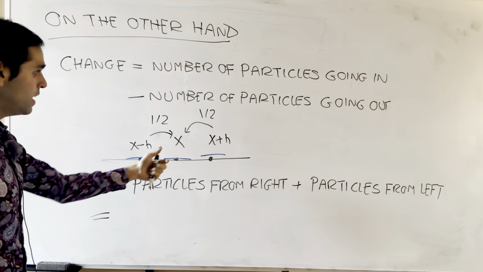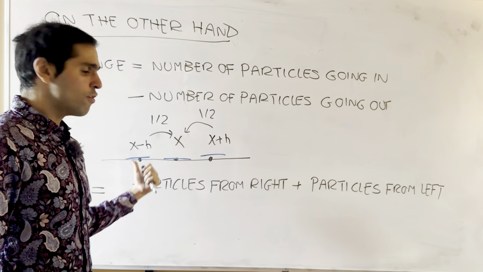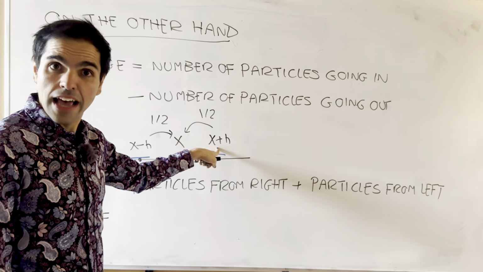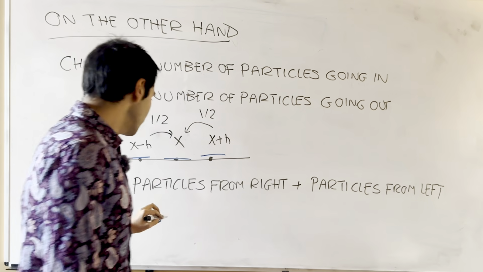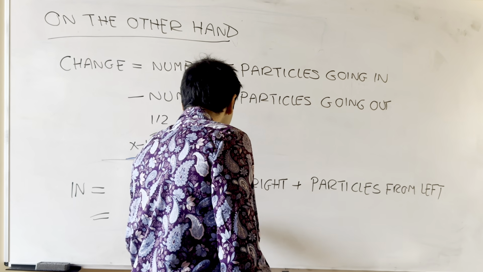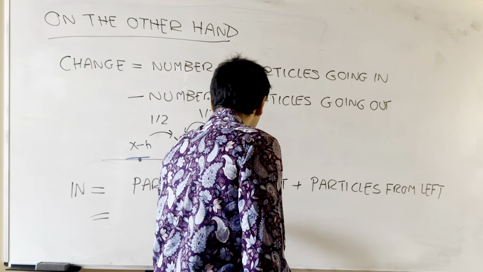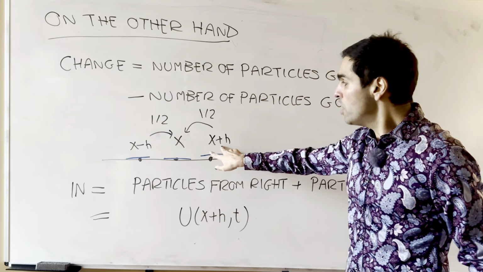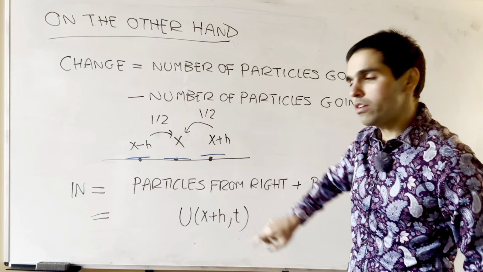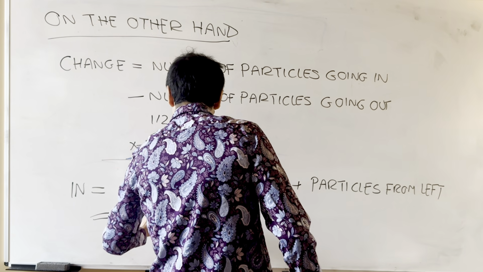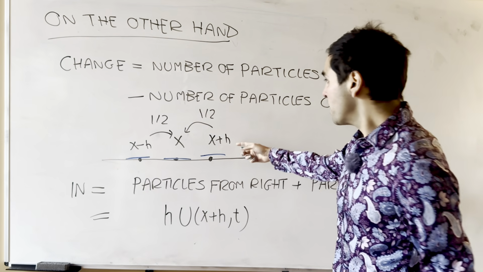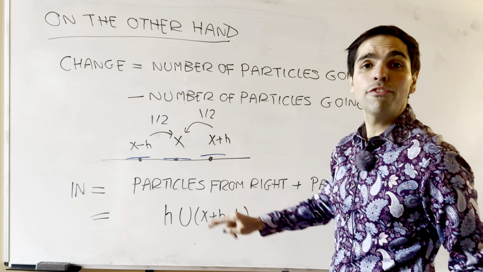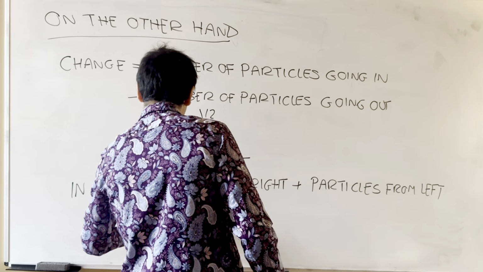Now, how many particles are there from the right? Well, first of all, it's at X plus H, so you have u of X plus H presently. Now, remember, to get the number of particles, you multiply by H. And because half the particles move from the right, we have to multiply this by 1/2.